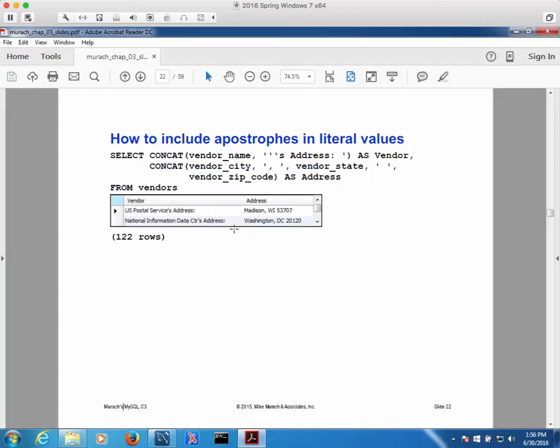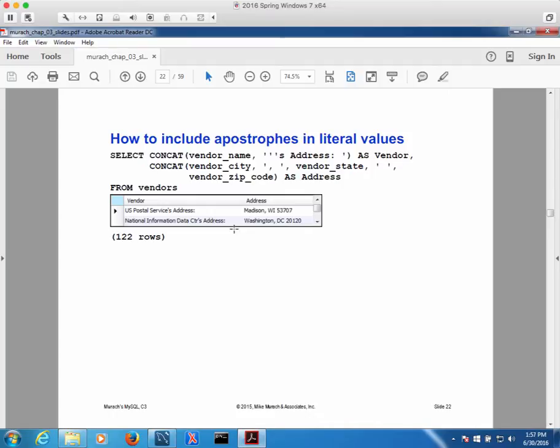Now, in SQL, you can have your quote marks be either double quote marks or apostrophes, and it doesn't really matter which you use. How are you going to represent a quote mark or an apostrophe? Sometimes that gets hard to do.